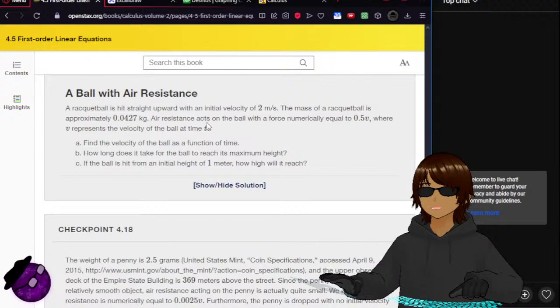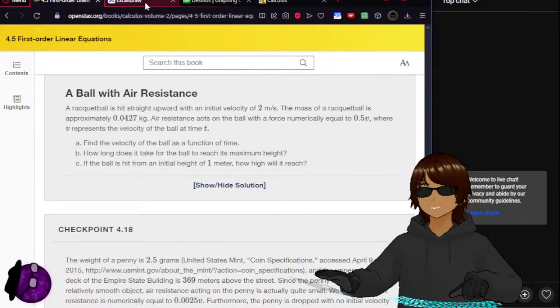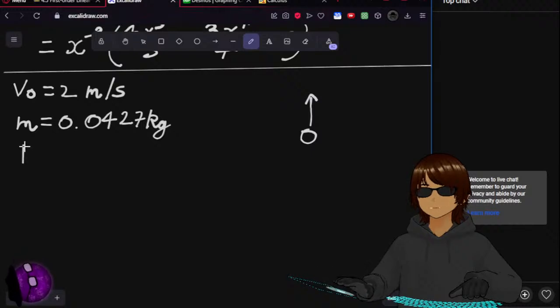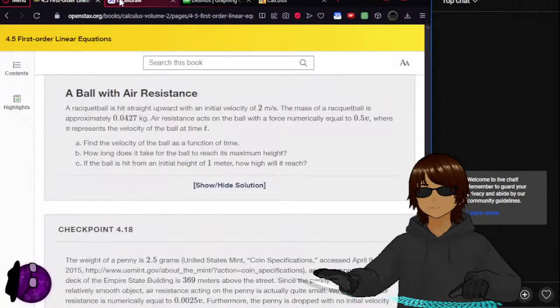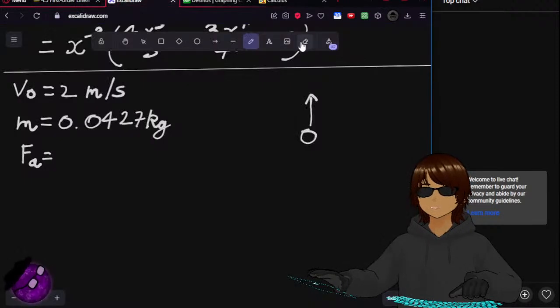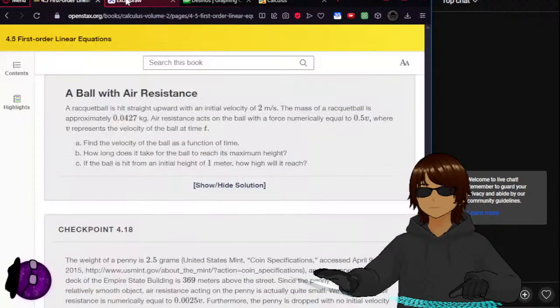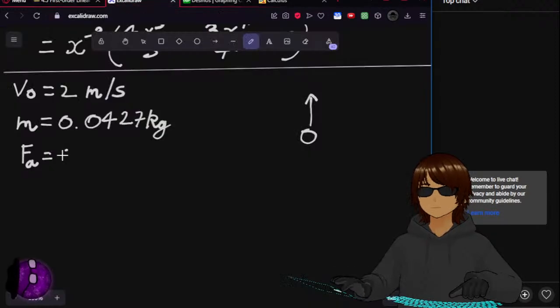Air resistance acts on the ball with a force numerically equal to 0.5 v. The force of air resistance is equal to 0.5 v.